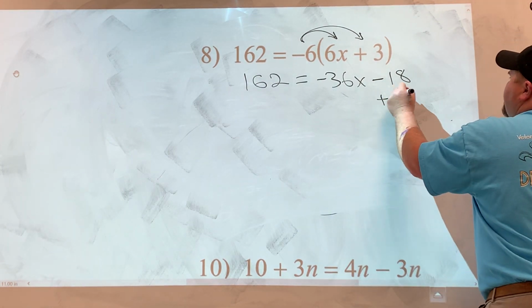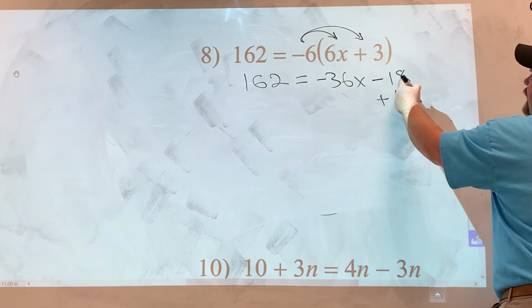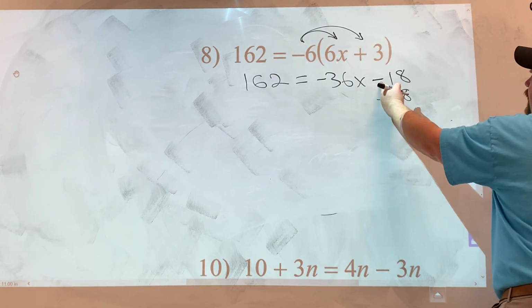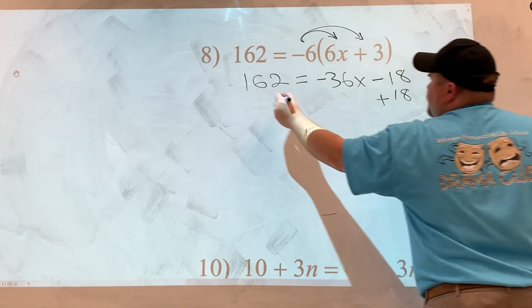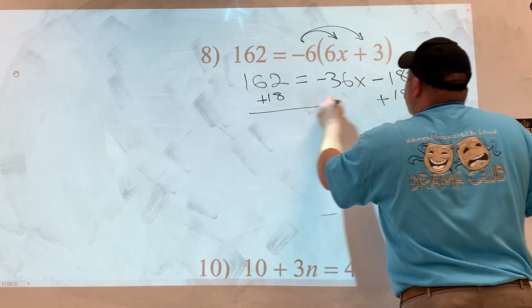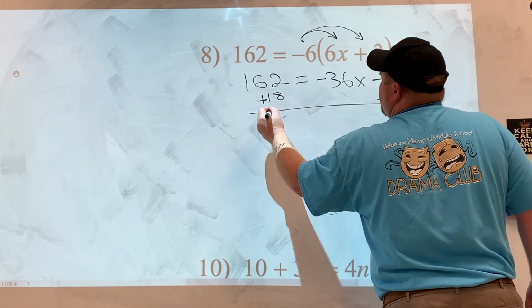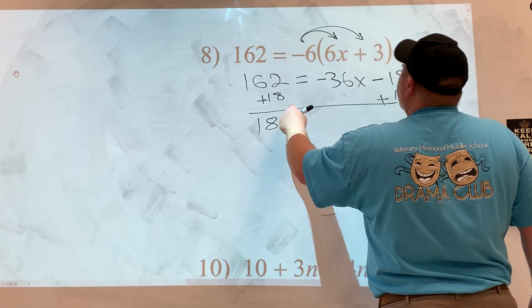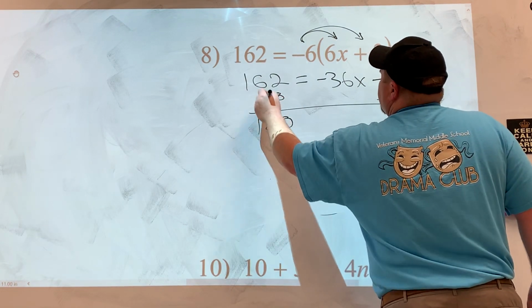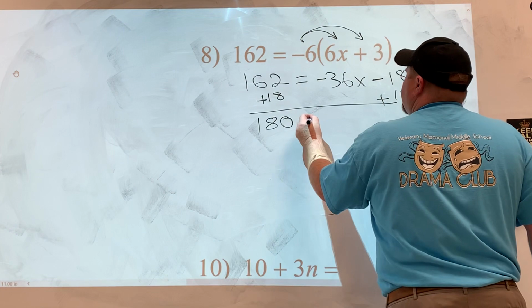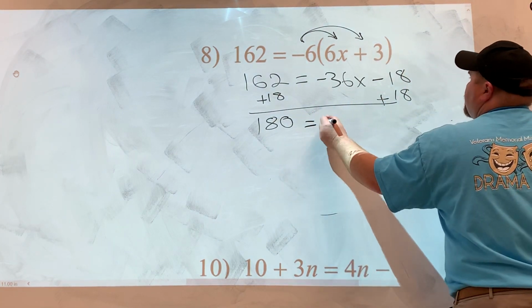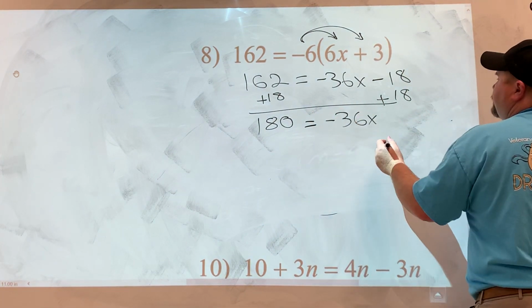I want to add 18 to both sides because I want to get rid of a minus 18 or a negative 18. The opposite sign would be plus 18. So 180 equals negative 36x.